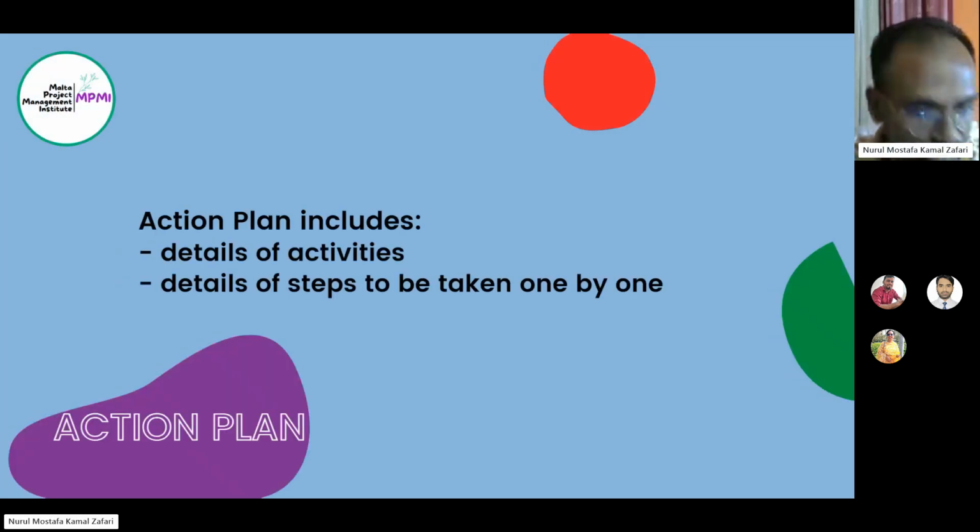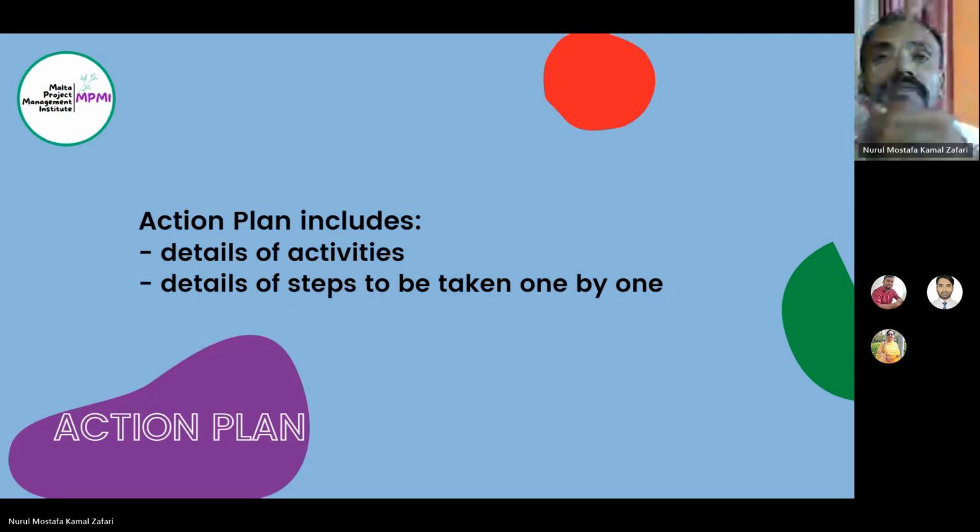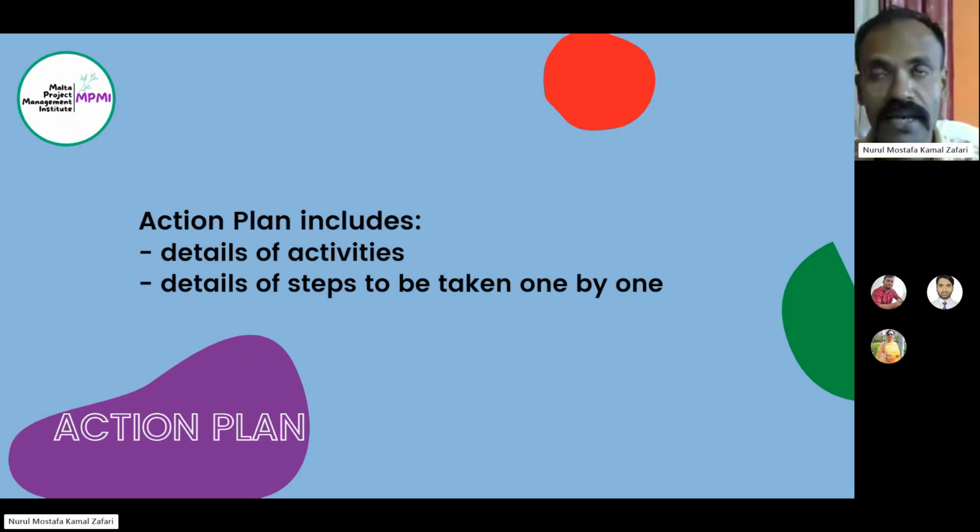Then the action plan. Action plan means detailed activities, the detail of activities. Suppose you have an activity, conducting a 2-day long training session on child abuse reduction. So this is your activity. Now you have to put details. So to implement this activity, what will you do?